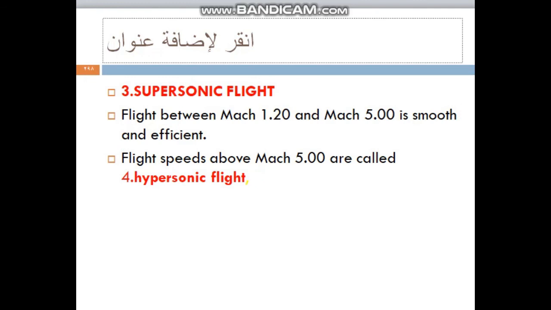Supersonic flight, flight between Mach 1.20 and Mach 5, is smooth and efficient. Flight speeds above Mach 5 are called hypersonic flight.